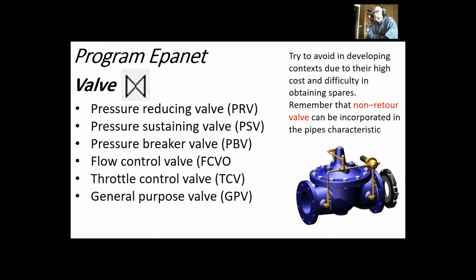We can have, yes, a gate valve, this for sure, but special valves like pressure reducing valve or throttle valve, maybe it's better not. It's better to avoid this type of valves. But anyway, EPANET gives you the possibility to introduce valves in the network.